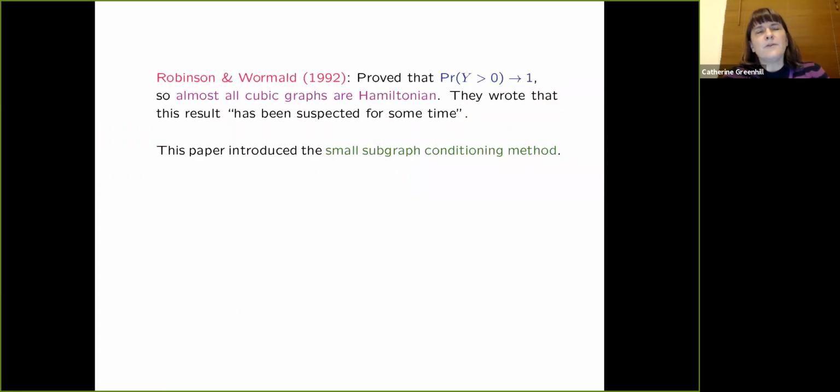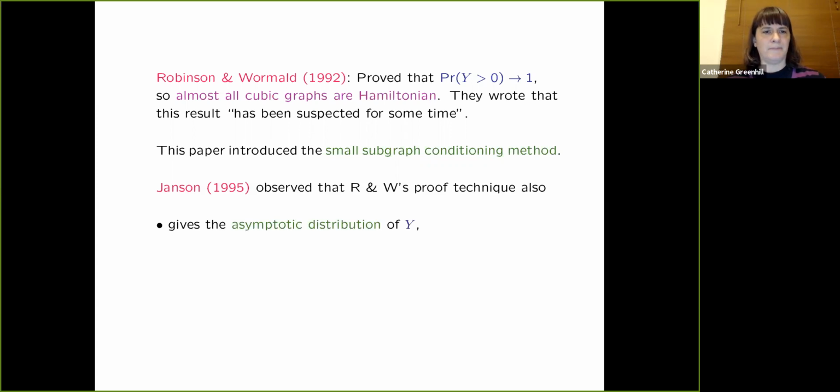And so they thought about that for a while, and they came up with the big breakthrough result in 1992 that almost all cubic graphs are Hamiltonian. They wrote in their paper something like, the truth of this result has been suspected for some time, is established for the first time here. And the method that they used to establish the result is now what we call the small subgraph conditioning method.